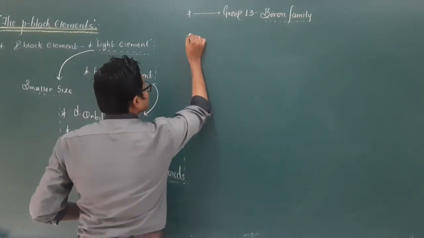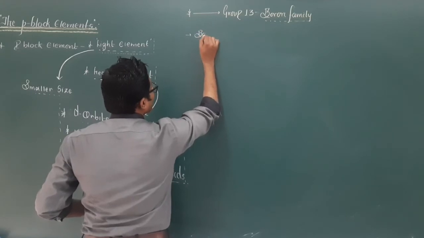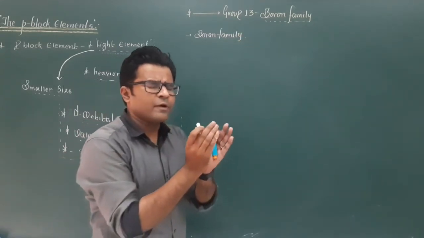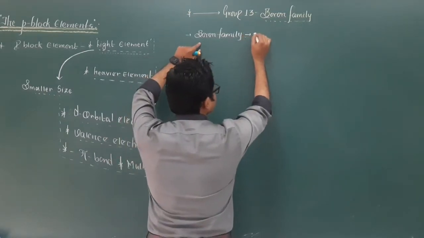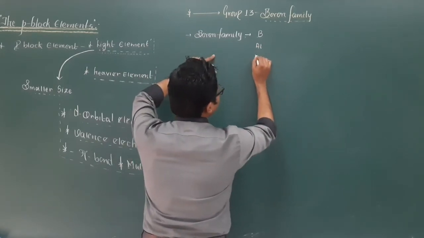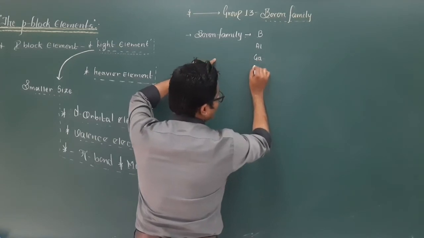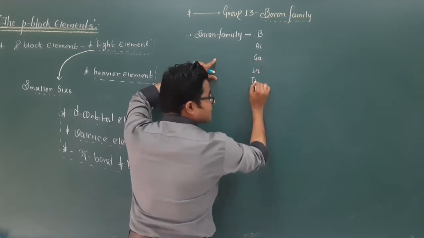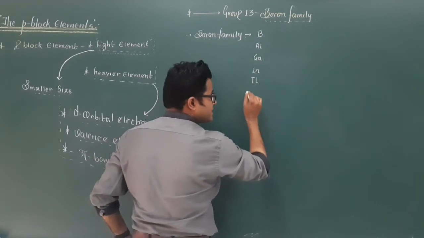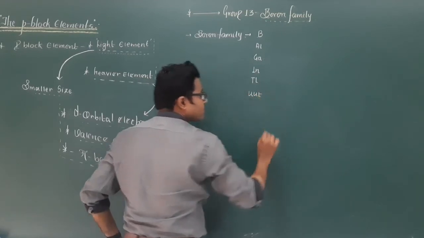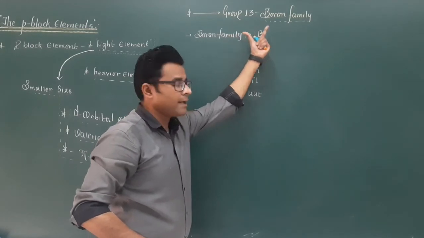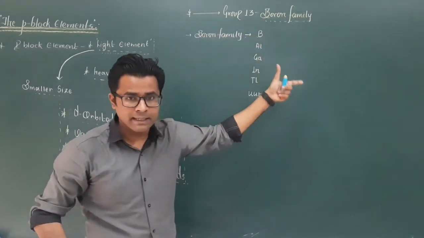In the boron family, the elements that we are going to encounter start with boron, followed by aluminium, gallium, indium, thallium, and finally ununtrium. So ununtrium, thallium, indium, gallium, aluminium, and boron. These are the elements.